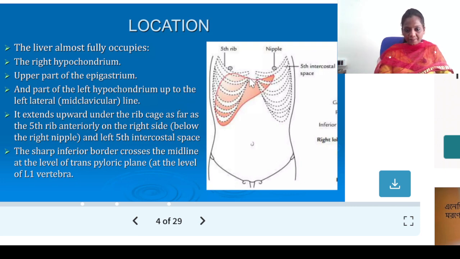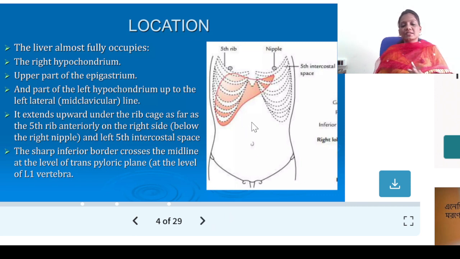It extends upward under the rib cage as far as the fifth rib anteriorly on the right side, at the fifth intercostal space. The sharp inferior border crosses the midline at the level of the transpyloric plane. So the lower border of the liver reaches the pyloric plane of the vertebra. So this is about location.